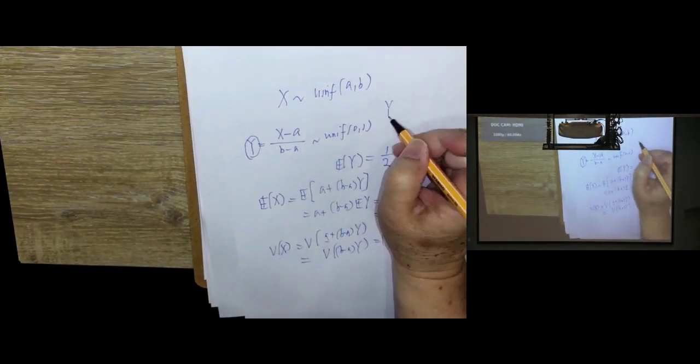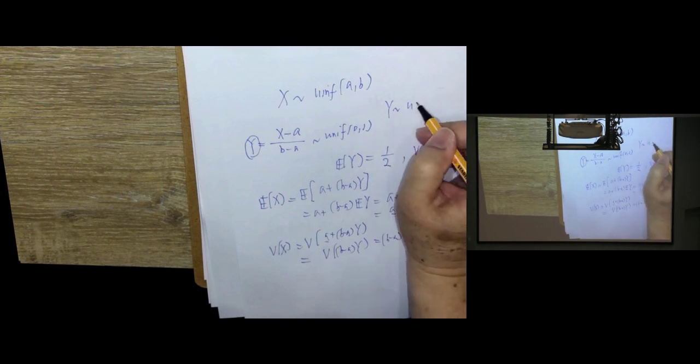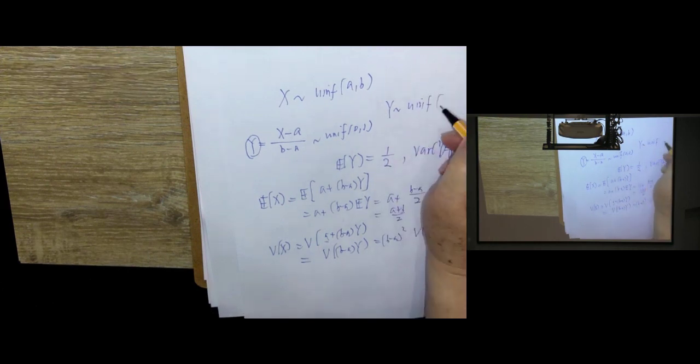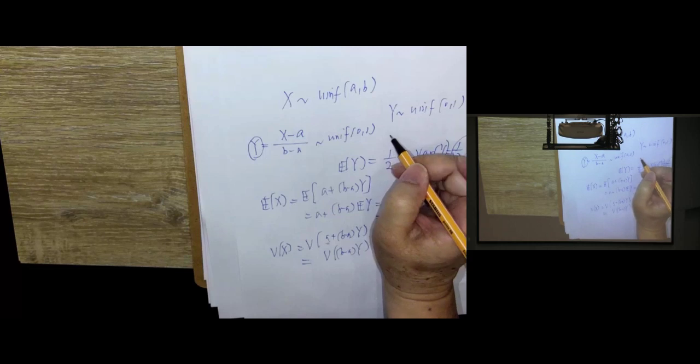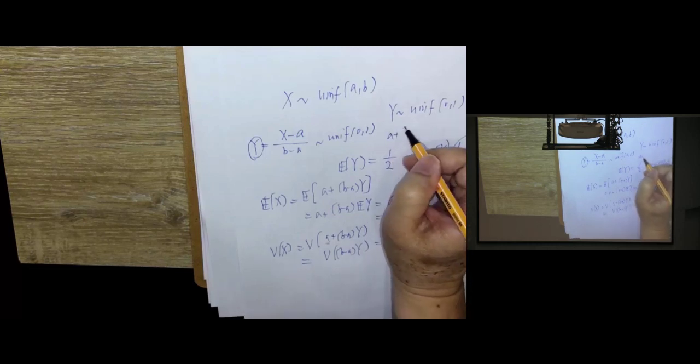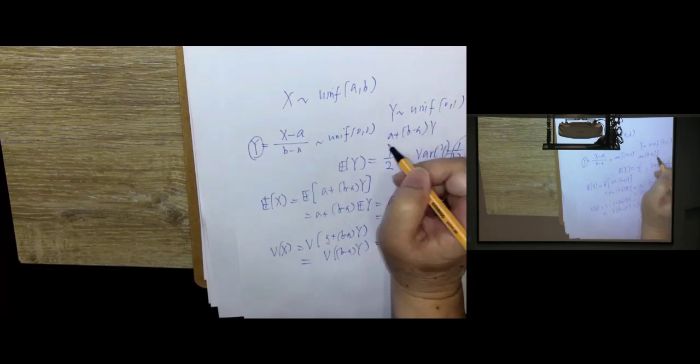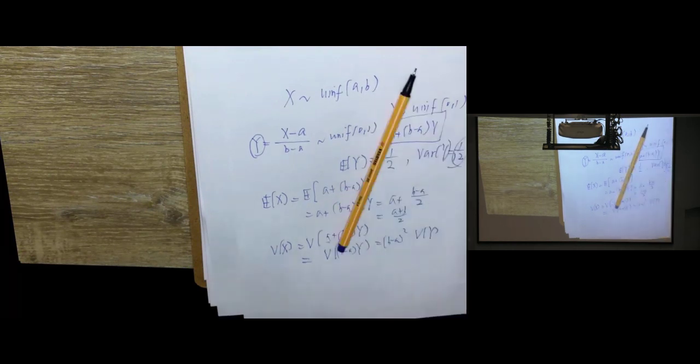So if you are able to generate something like here, then to generate something on A, B, it would be A plus B minus A times Y. So you will be able to translate it, all right? Now, in fact, this is all you need. Later on, we know that if we are able to generate a random number between 0 and 1, we'll be able to generate all other distributions.